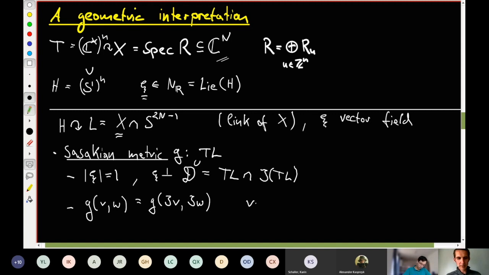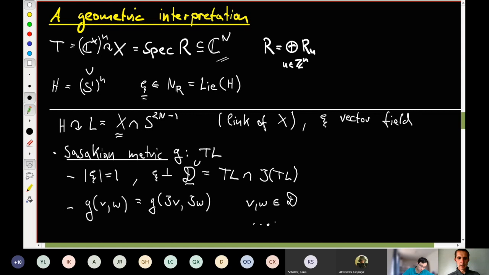But it does make sense if I pick V and W inside this hyperplane bundle D. There are actually more properties which I need to impose, but at the moment I can't recall them, so let's stick to these ones. So I'm looking for a Sasakian metric, and just repeating the pattern we have already seen two times, there are many choices for such a Sasakian metric, and I'm looking for a canonical choice.